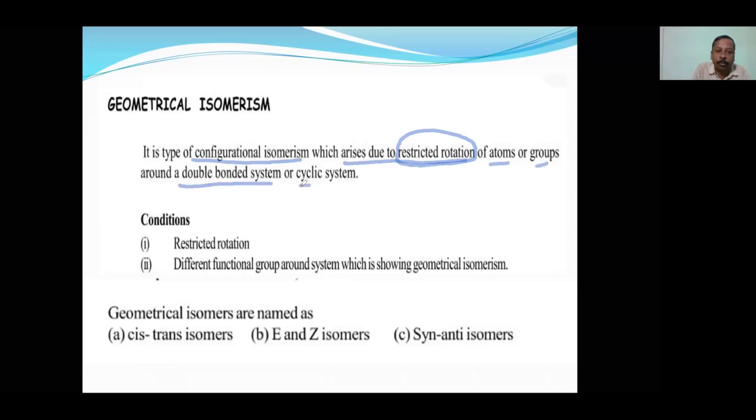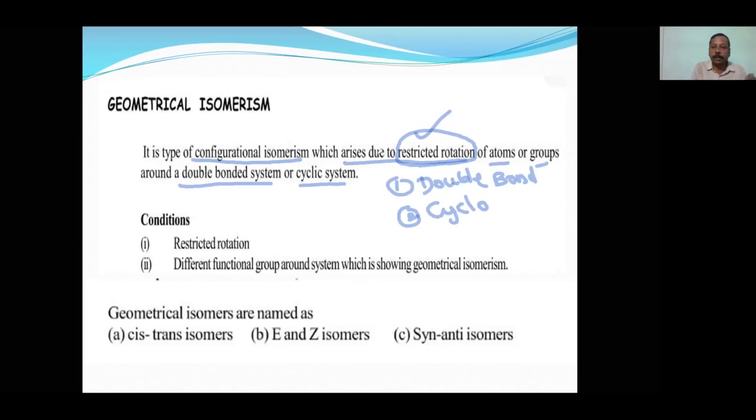This is the main word. Either there should be a double bond, or it should be cyclic, like cyclopropane or cyclobutane. A cyclo system must be there. Because of these two, rotation is restricted, that means rotation is not possible. If rotation is already possible, then it will go for conformational isomerism.